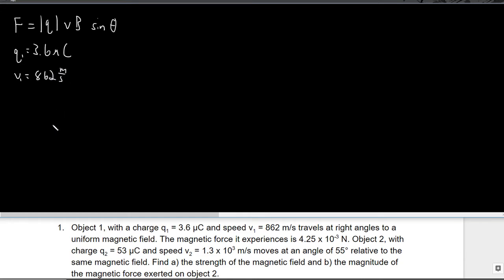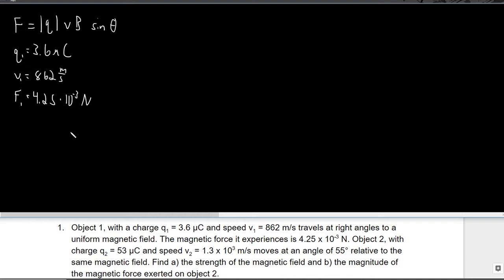So that thing's booking. It's traveling at right angles to a uniform magnetic field, and the magnetic force it experiences, let's call that force 1, is 4.25 times 10 to the negative third newtons.